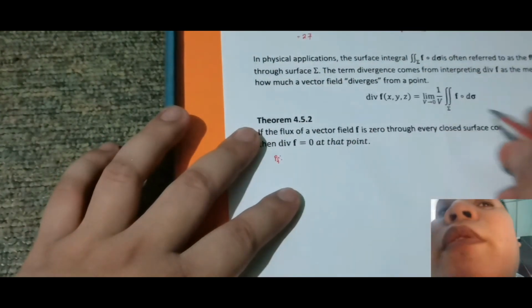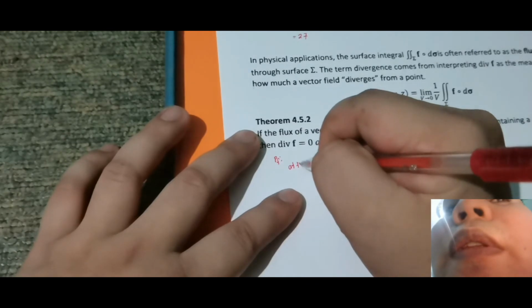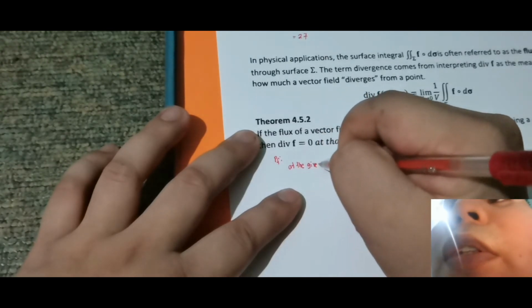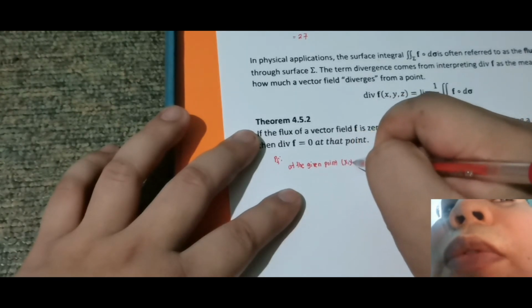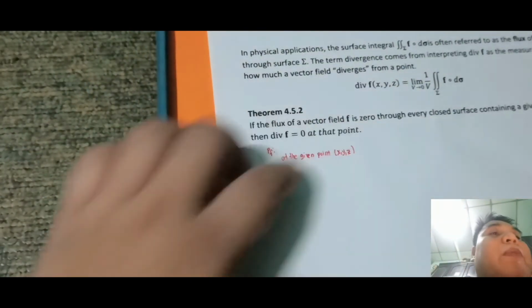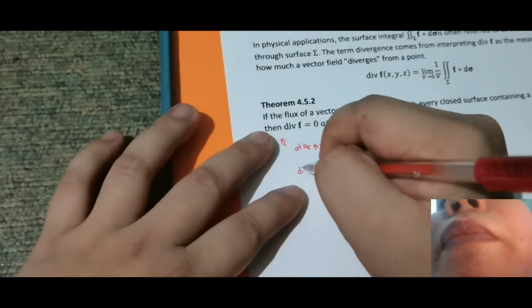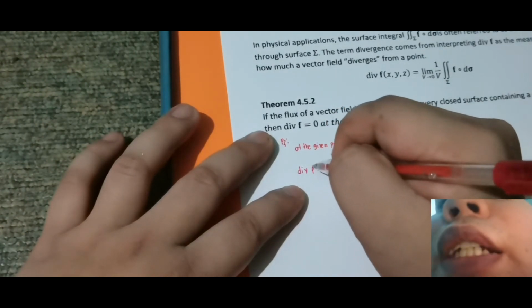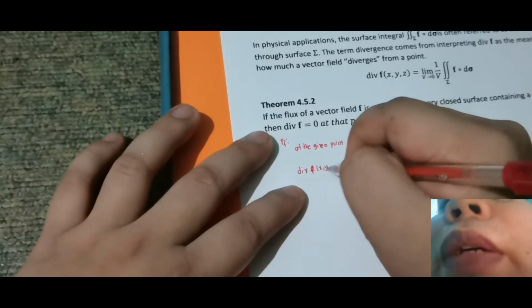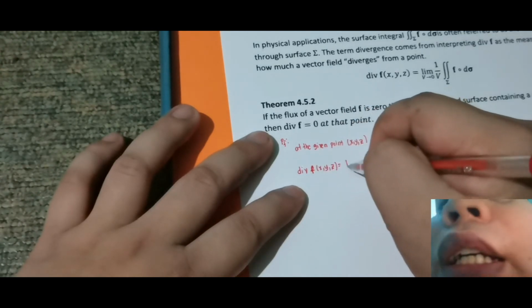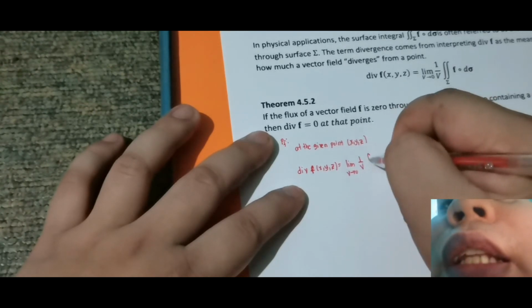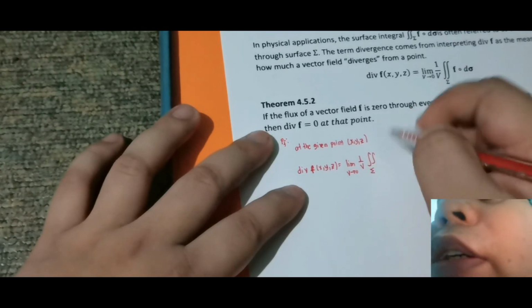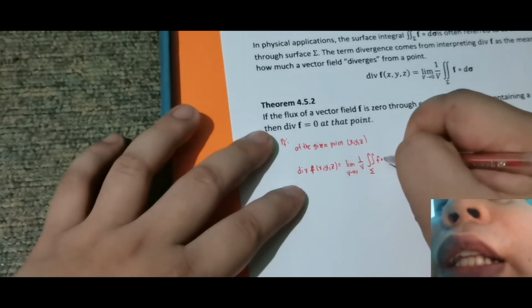Okay, so at the given point x, y, z, by the definition of divergence, we have the divergence of F of x comma y comma z is just equal sa limit as b approaches 0 ng 1 over b, then the double integral along sigma of F dot d sigma.